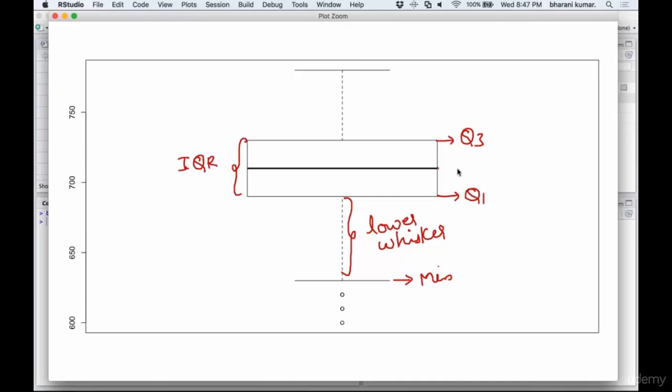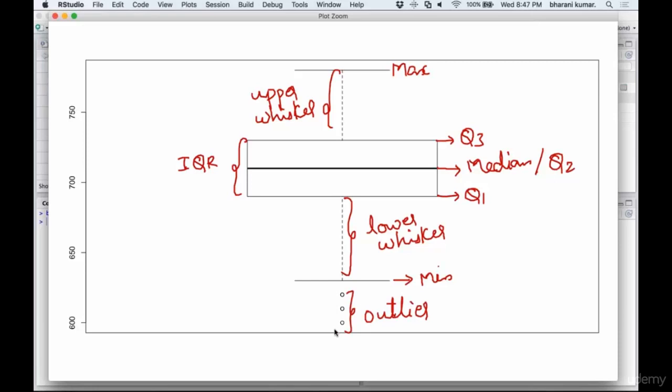This line here is the median. Sometimes it is represented as Q2 also. And then you have the maximum value, and this is your upper whisker. So 100% of the data can be represented, and these are the three outliers.